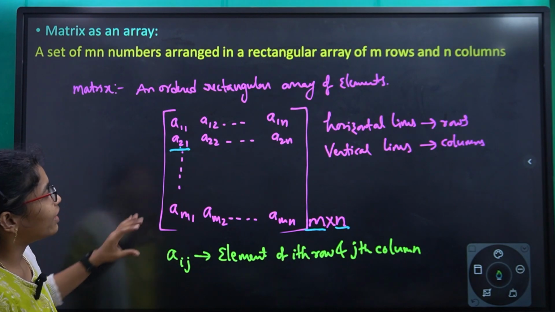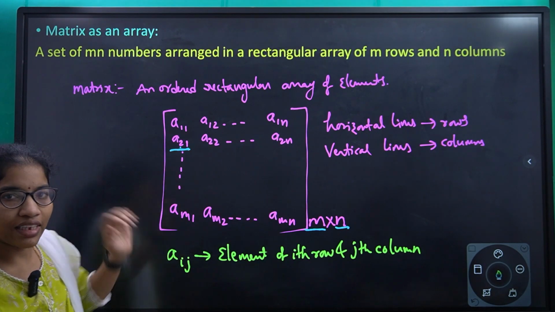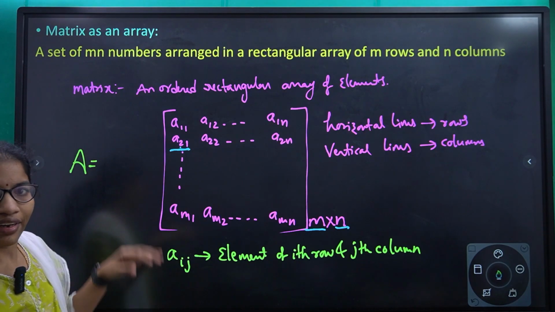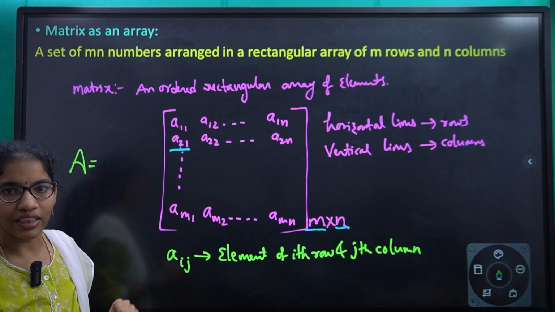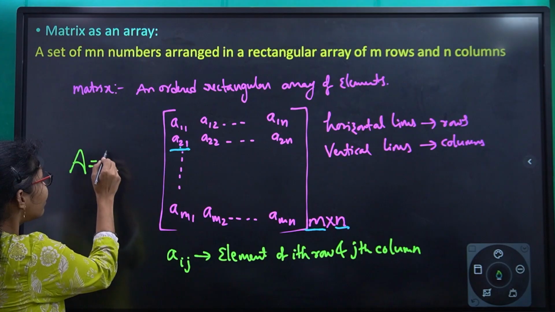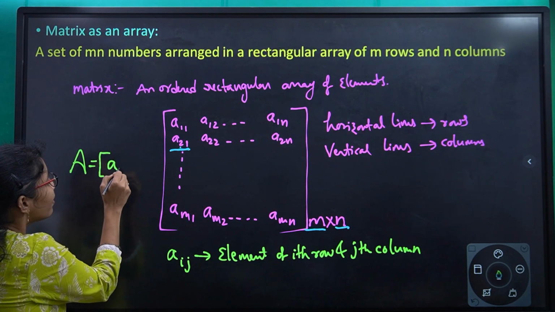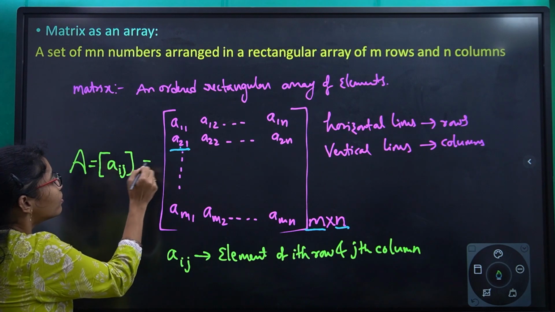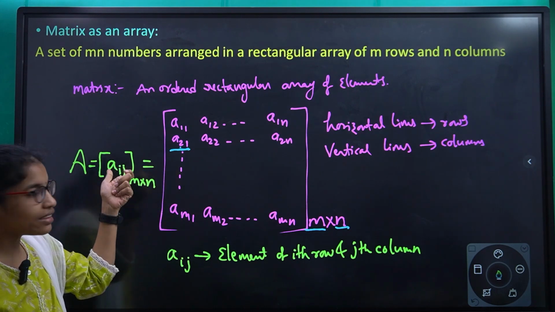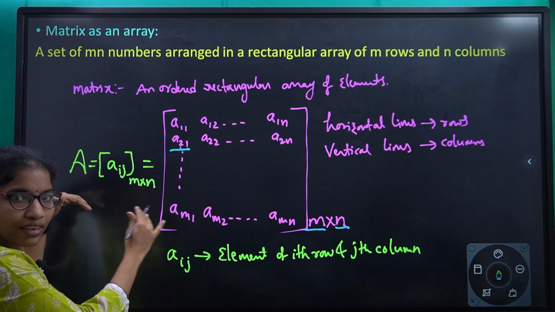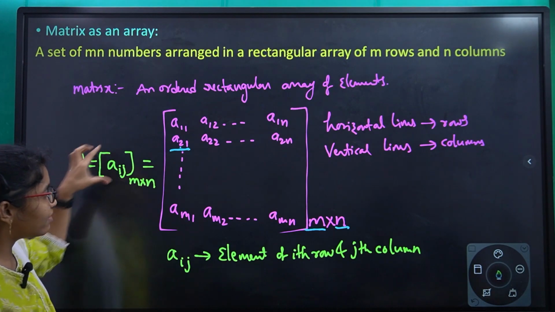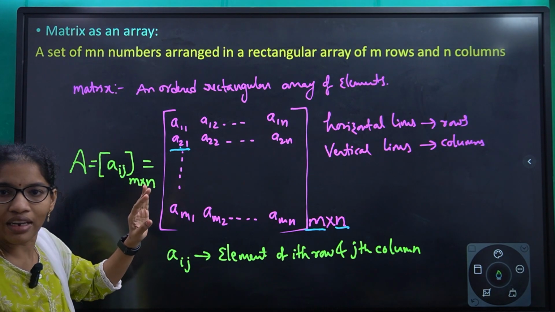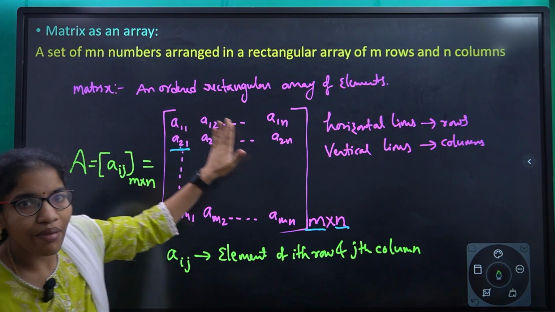Clear? So generally we represent a matrix with capital letters like A or B. Generally we represent the matrix as A. Otherwise you can represent it as Aij m by n. If you write Aij in square brackets, it represents not only one element, it represents the whole matrix.